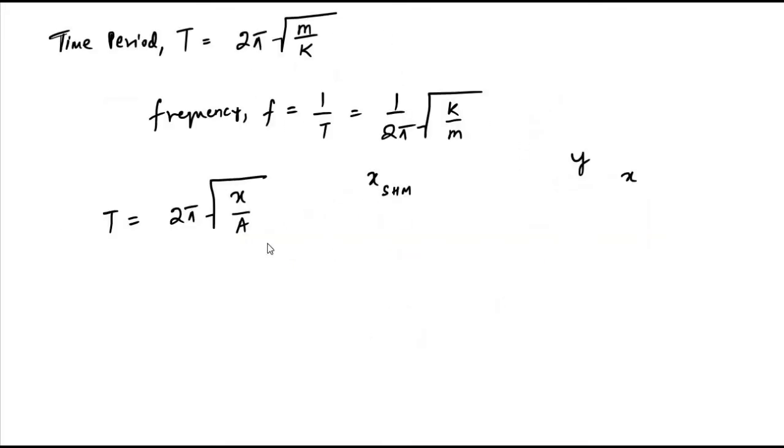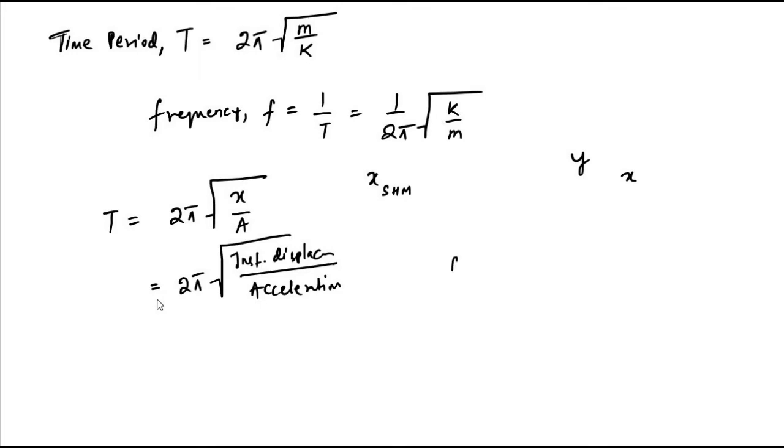So we can simply write this as 2 pi root over the instantaneous displacement from the mean position divided by the acceleration. This instantaneous displacement can be represented by y subscript SHM or x subscript SHM, whatever you like.